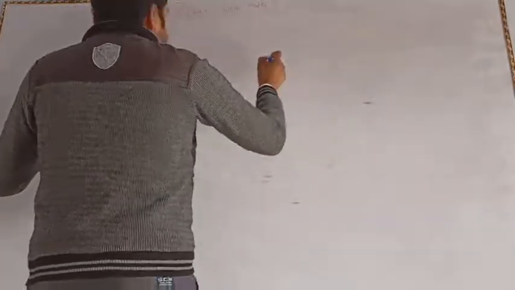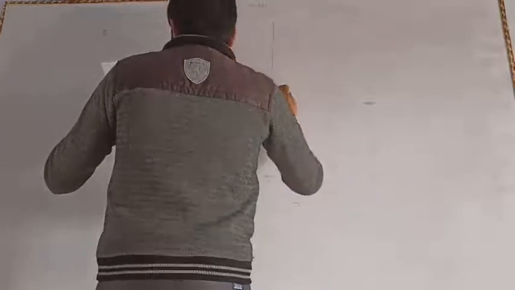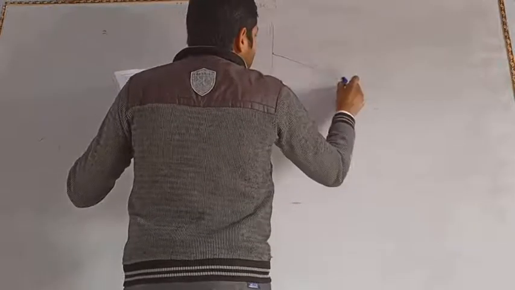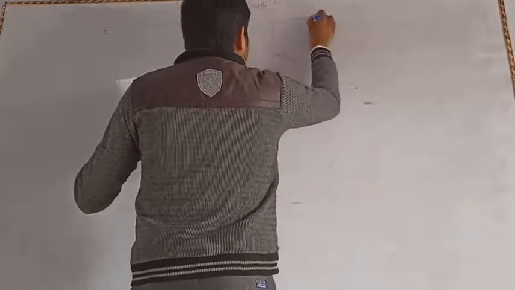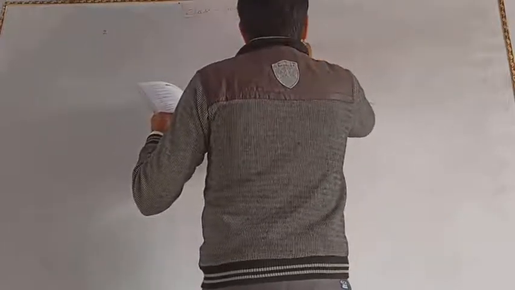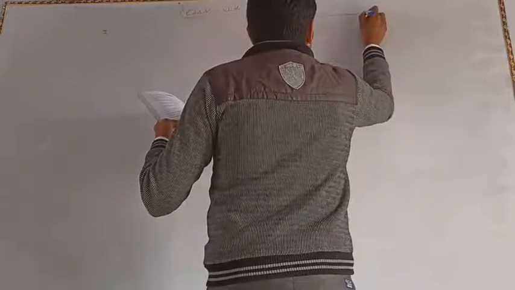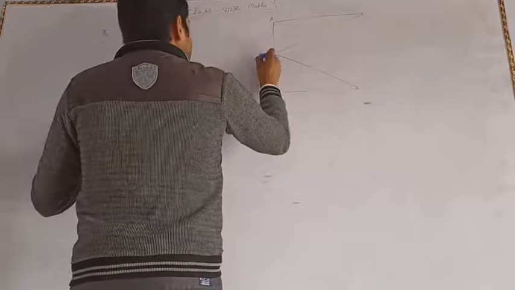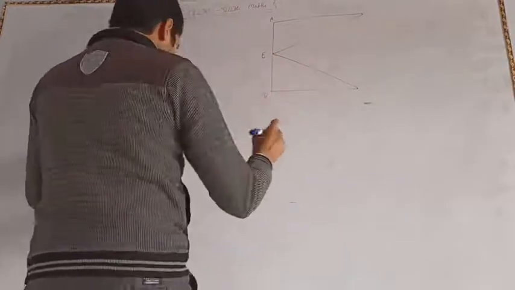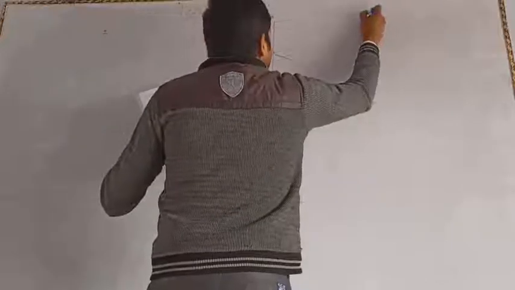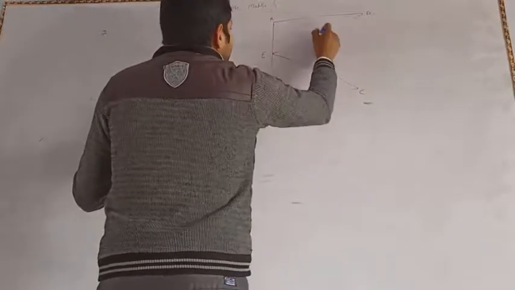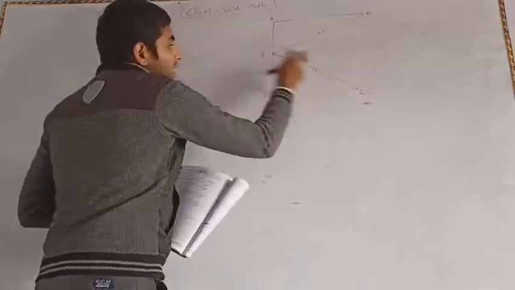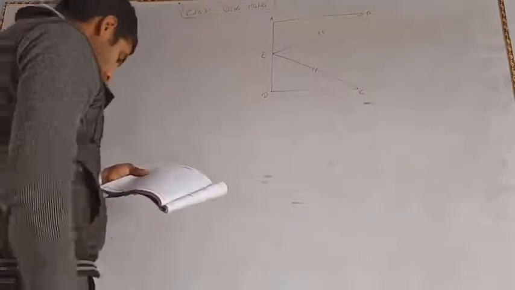The figure has points A, E, D, C and B. Also given that side BE is equal to side EC.